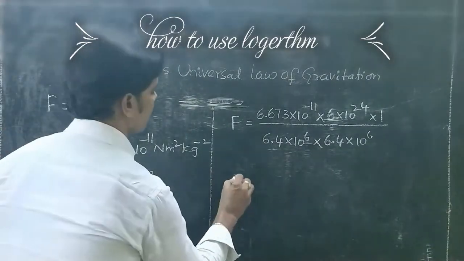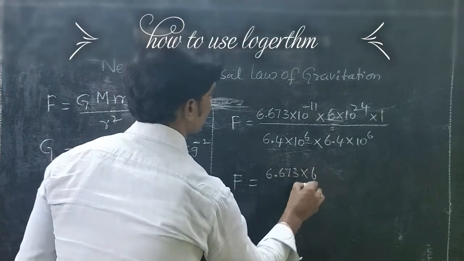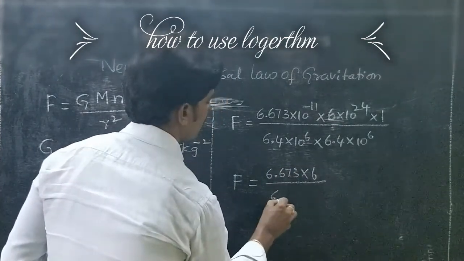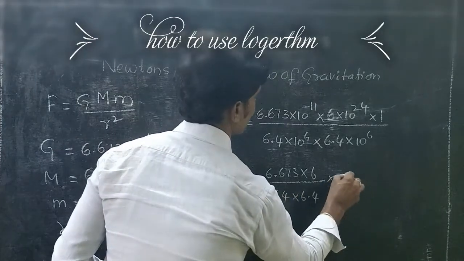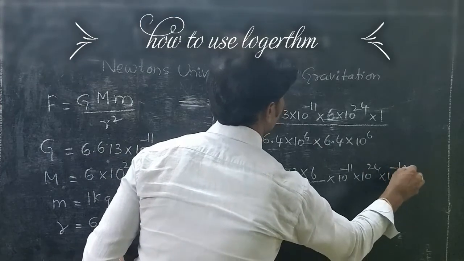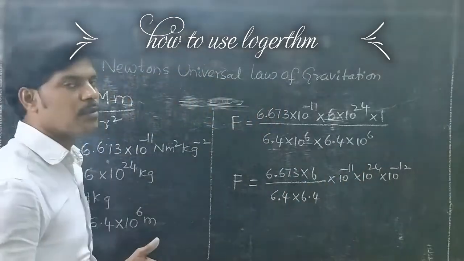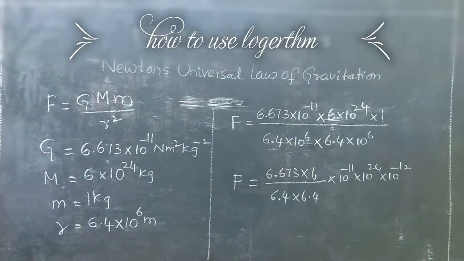In the last step, F is equal to 6.673 into 6 divided by 6.4 into 6.4, into 10 power minus 11 into 10 power 24 into 10 power minus 12. If you bring that value to the numerator, it will become 10 power minus 2.